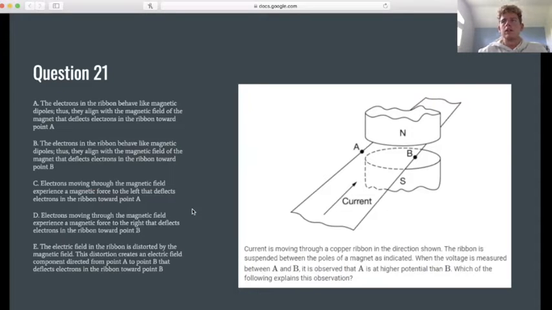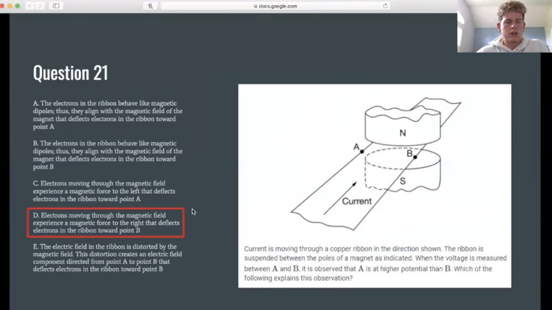It's dealing with a current through a ribbon and then going between a magnet again. So basically, we know that it's just the direction of force. So we know that A has a higher potential. That basically means that positive charges are moving towards A, and negative charges are moving through B. So we just move to the answer.